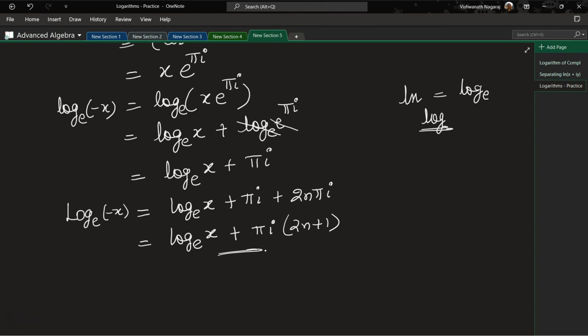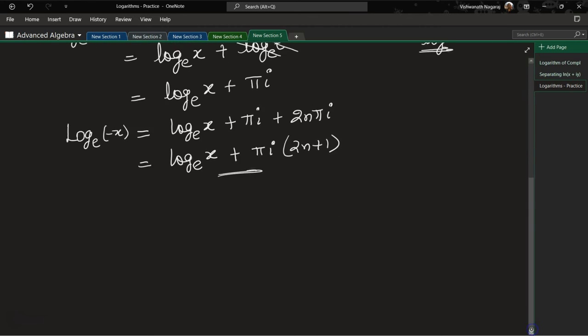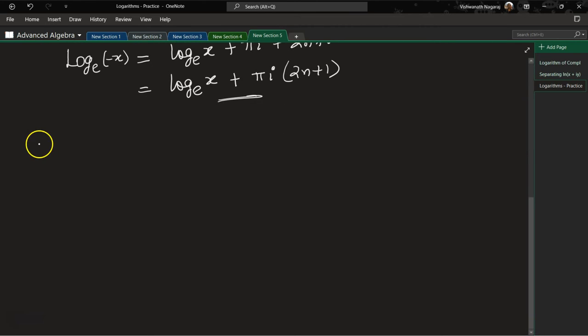What about if, instead of a negative number, we have to find the log e of xi, that is a purely imaginary number? We don't have the real part of the complex number, we just have the imaginary number.